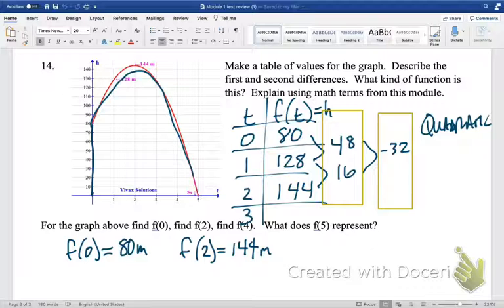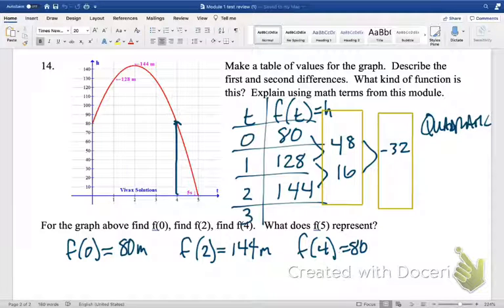At 4 seconds, let me clean this up a little bit. At 4 seconds, we are 80 meters off the ground. And if you notice, we have something that we're going to talk about in the next module where it's actually called an axis of symmetry, so that on this side it mirrors that side.